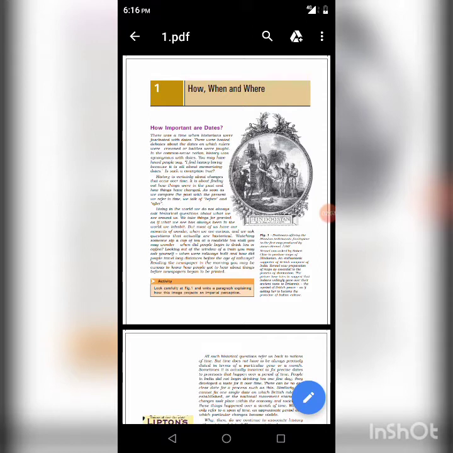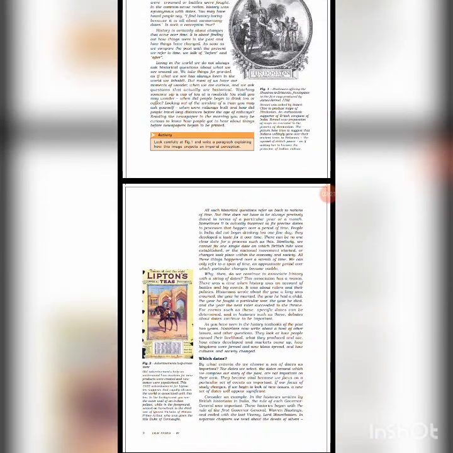Sometimes we don't even know the exact date or time of a particular happening. Why can't we fix a particular date? Because many things happen over a stretch of time. We know that the Britishers came to India in 1608, in the 16th century, and then they started ruling over India from 1757.